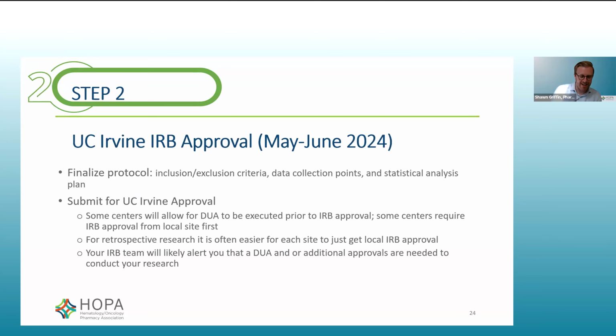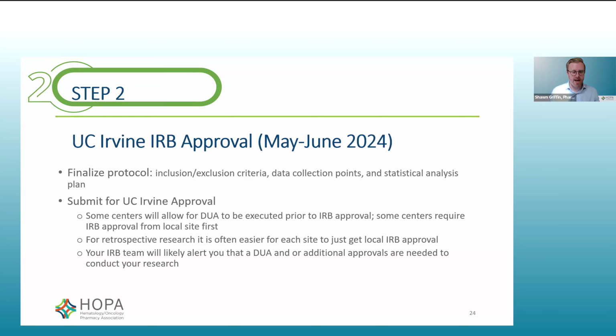IRB approval was actually, in the grand scheme of things, a relatively straightforward piece. I think my advice is that for retrospective multi-center research, especially those that are not funded, it's often easier for each individual entity that's involved to get their own IRB approval.